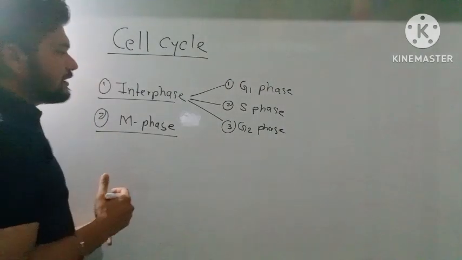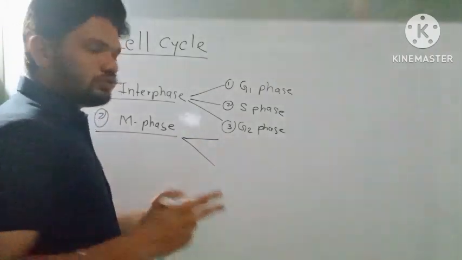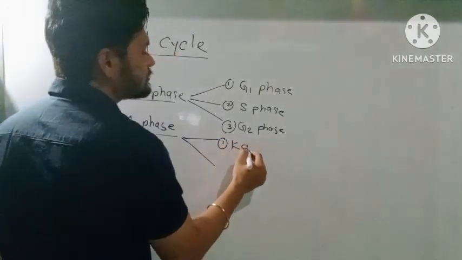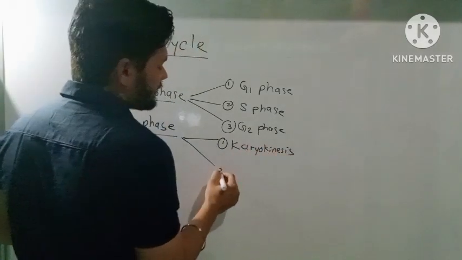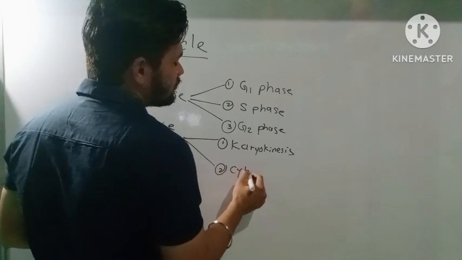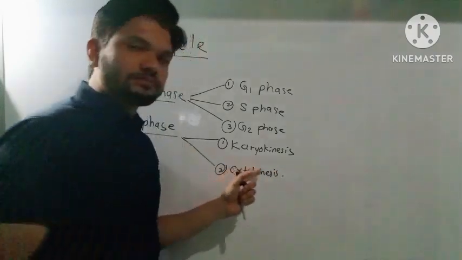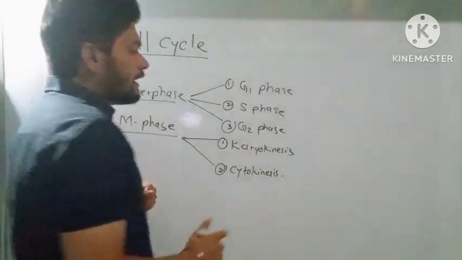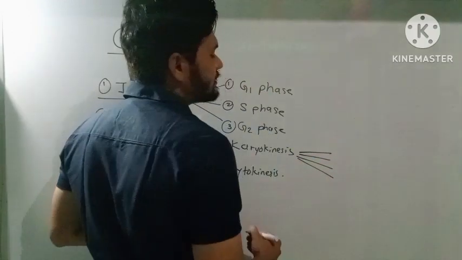Then the M phase, if it is mitosis, will have two subphases called karyokinesis and second is cytokinesis. Karyokinesis again has four phases.